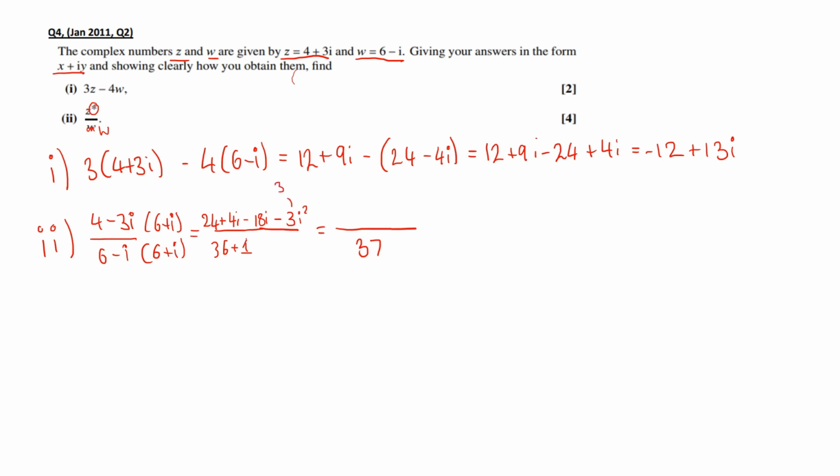So 24 plus 3 is going to be 27. Plus 4i minus 18i is going to be minus 14i. Can we simplify? I don't think so. Might be wrong, but I don't think so. So 27 over 37 minus 14 over 37i. Right.